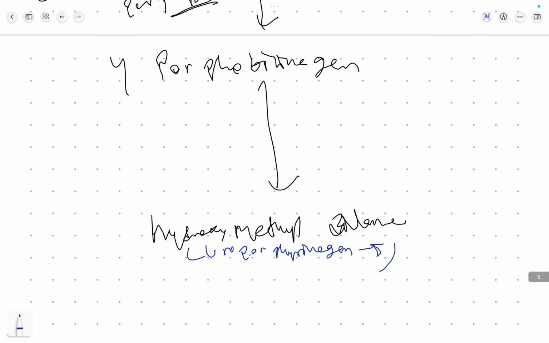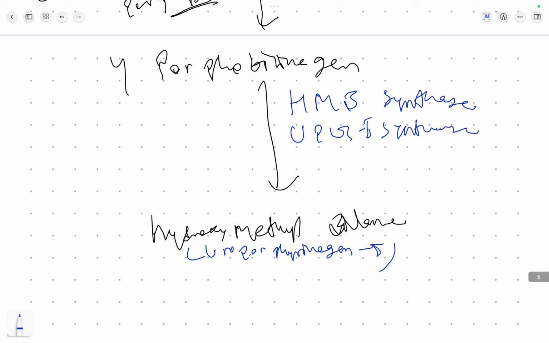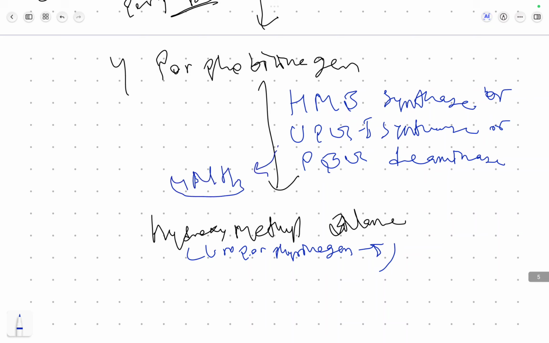The enzyme used will be hydroxymethylbilane synthase, because hydroxymethylbilane is forming, or uroporphyrinogen 1 synthase, and it is the same enzyme, only the name is different. And there is one more name, that is porphobilinogen deaminase, because this is formed by deamination. So all these names are for the same enzyme.